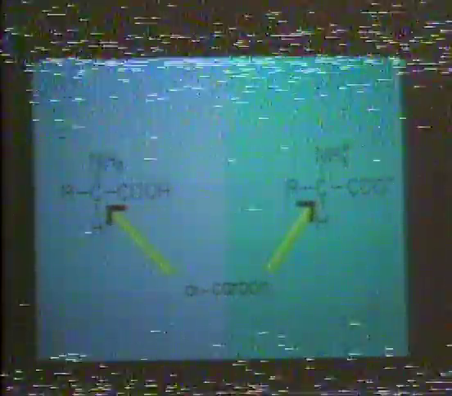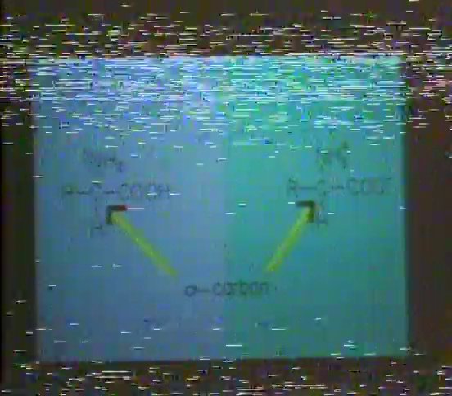Now, still another point that is demonstrated on this slide is that the general formula for an amino acid can be shown in two major and different ways. On the left is a non-charged species, and on the right is a dipolar or charged representation. The structures indicated are essentially identical for discussion purposes.